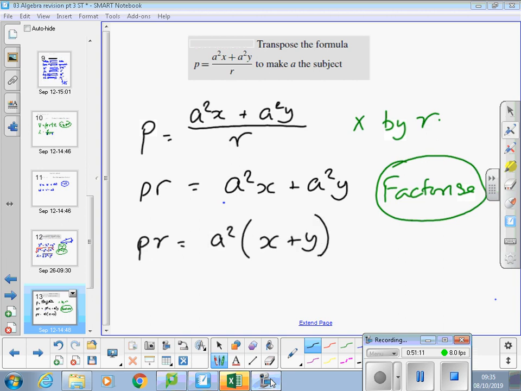Have we still got the same thing? If we multiply the brackets out, we've got a squared times x plus a squared times y. But now we've only got one a term. So we're winning the battle. What can we do now? Divide by x plus y. We can divide by the whole bracketed term.